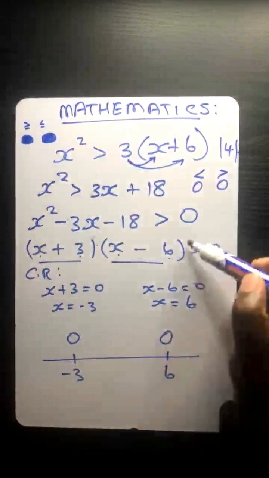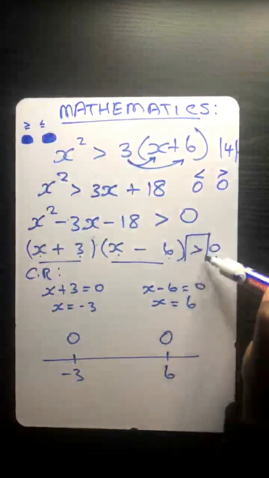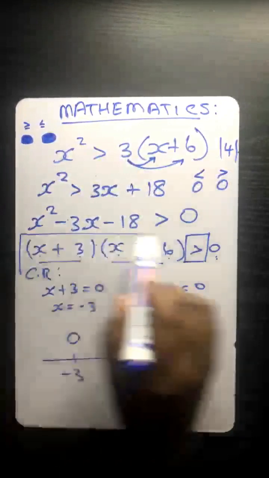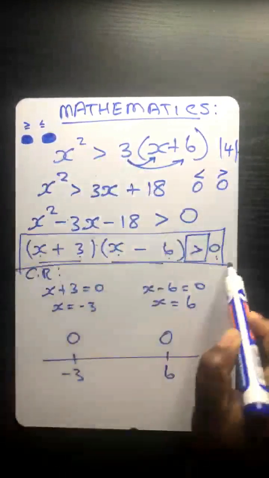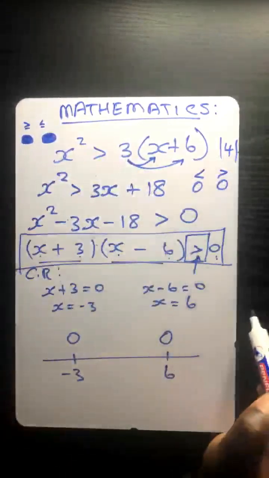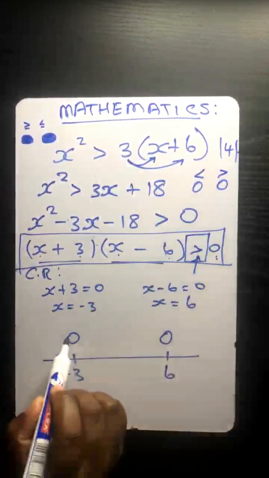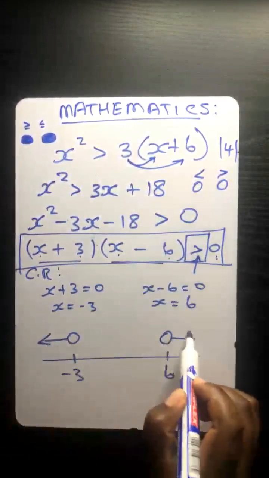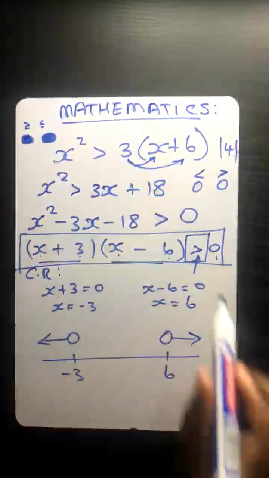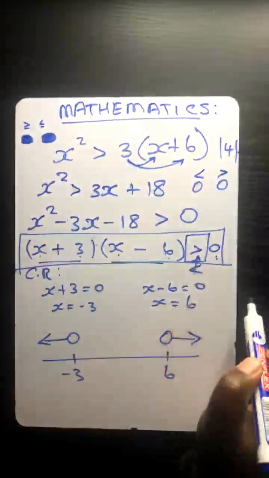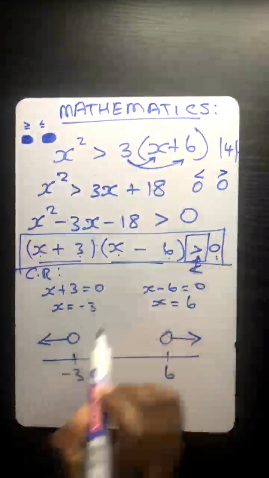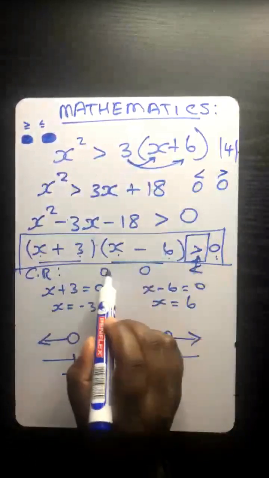If you remember, I said at that stage where you factorized, when you look at that sign and it is that of a greater than, that's where you always have those pointing outwards. But if it was less than, that's when you are going to have a circle and a circle which are joined.